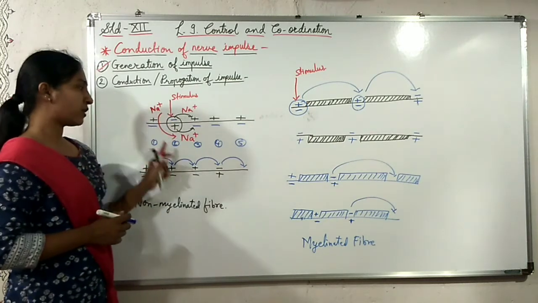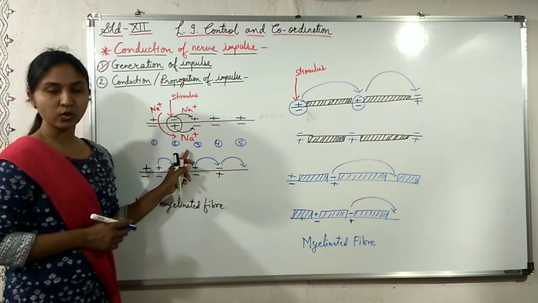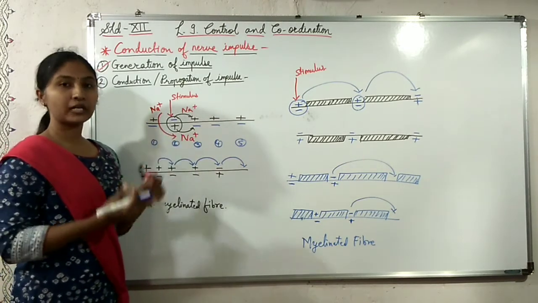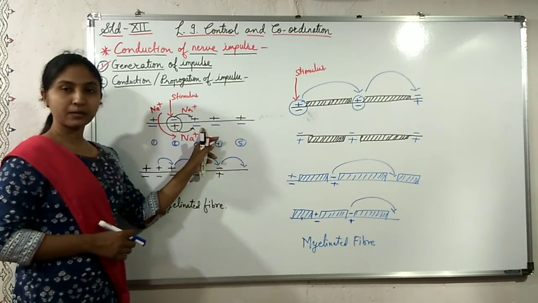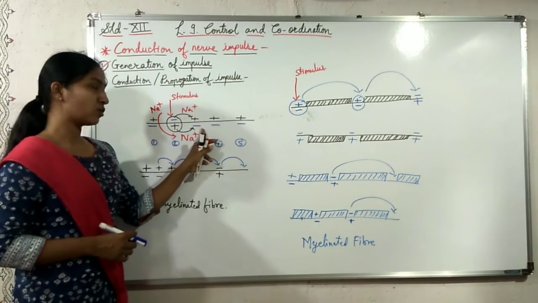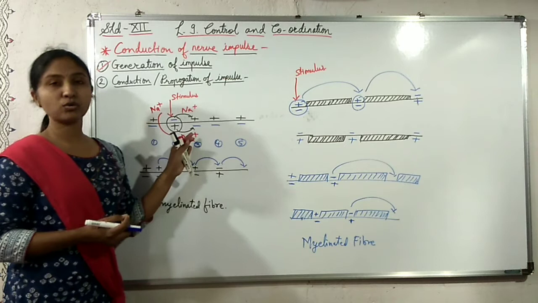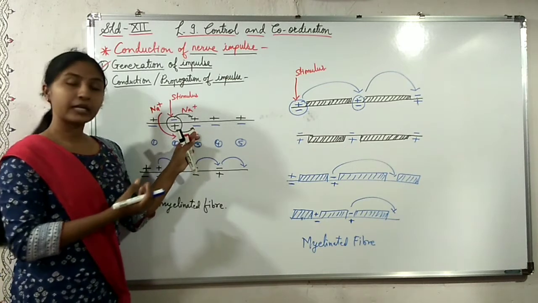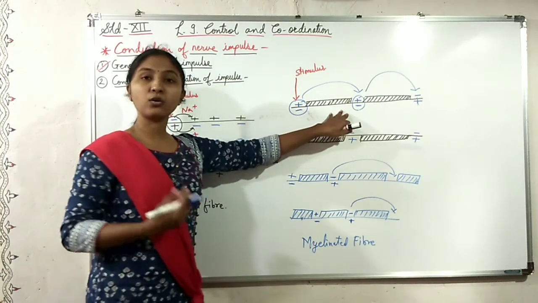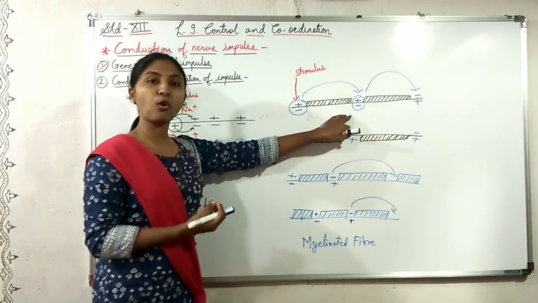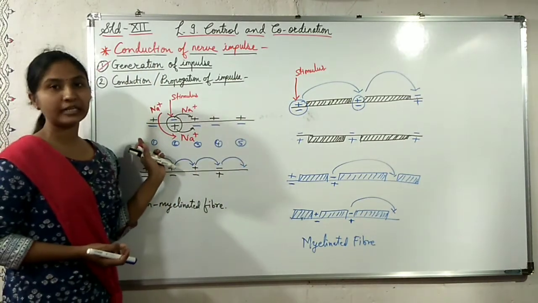Suppose at the second point, the sodium ions are entering inside the neuroplasm. At that time, the ATP will be consumed, energy will be consumed. This impulse will travel from second point to third point. Here also, the sodium ions will enter, and again the ATP will be consumed. But in the myelinated fiber, there are no channel gates needed to open, so less energy is required as compared to the non-myelinated fiber.